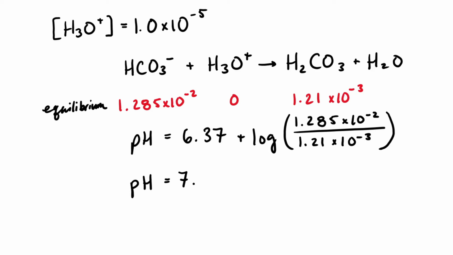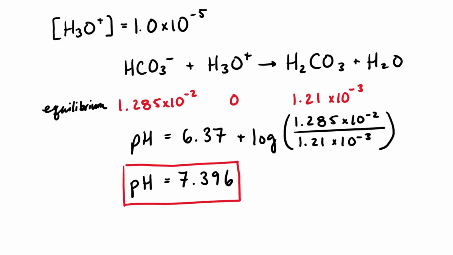So the buffer solution meant that our blood pH would only change by 4/1000ths of a pH unit, still well inside the normal range, and far from the 2 full pH units that just pure water would have changed.